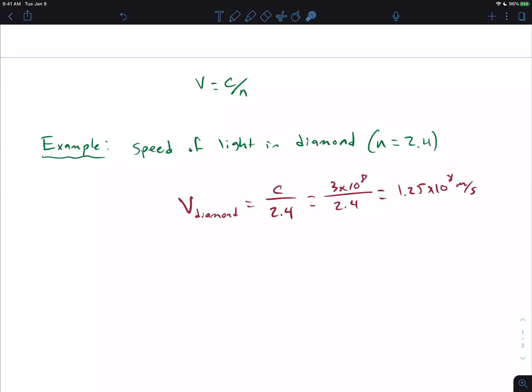So first of all, this is still incredibly fast, but it's almost 1/3 of the original speed of light. You're almost going at 30% of the original speed of light just by moving in diamond, right? So we've slowed down light quite a bit by moving through this material right here.